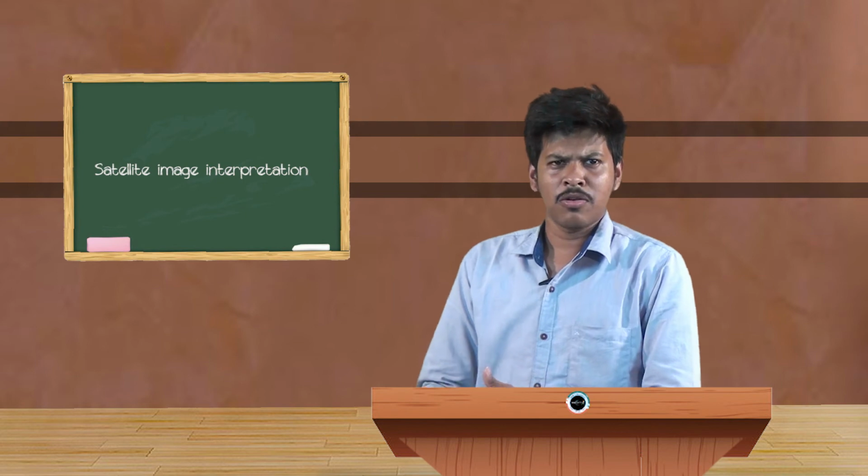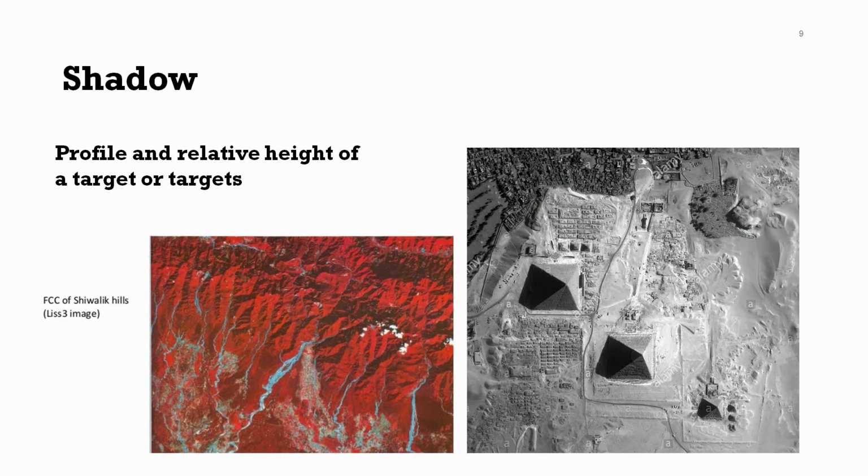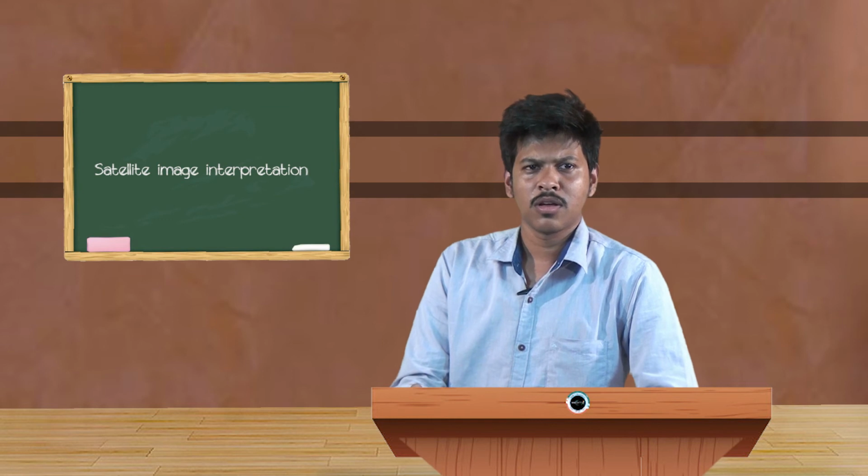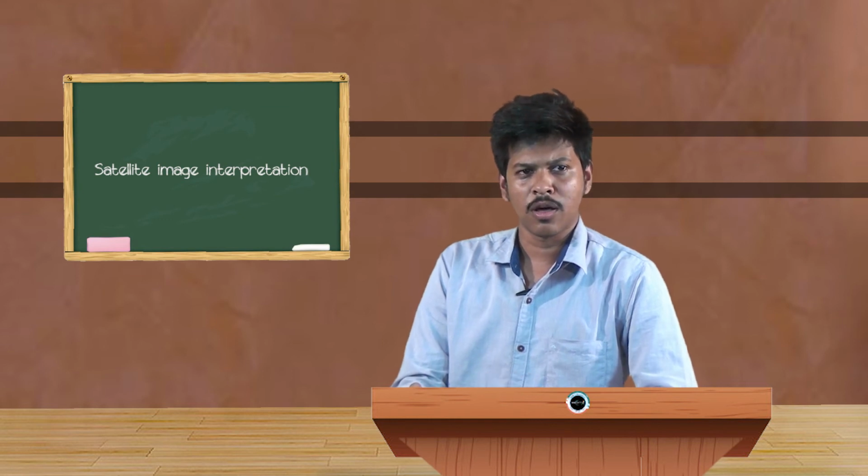The next one is shadow. In remote sensing, shadow adds some inputs to the satellite imagery, and in some cases, shadow also removes some information. All in all, it gives you a relative height, an aspect that is depicted in the pictures.